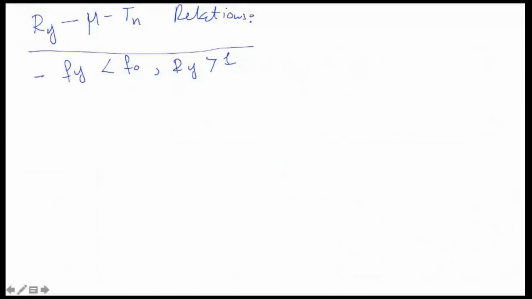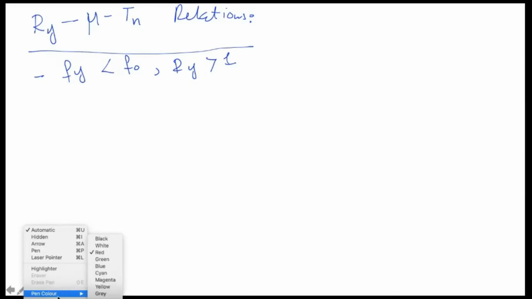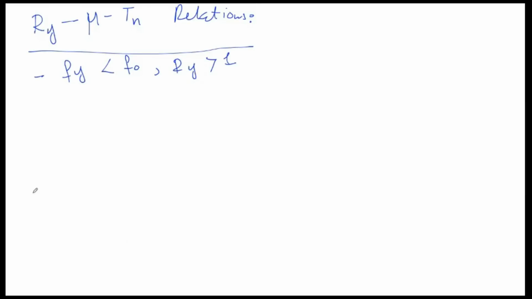Based on results similar to those presented in the figure, several researchers have presented numerous equations. A very famous equation is by Newmark and his group, which has been used in a number of research works. So Ry is equal to 1 when Tn, the vibration period of the structure, is less than Ta, and we just saw that.